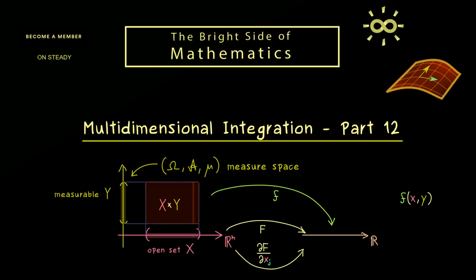Hence, the resulting integral here is the value capital F of x. So this is the whole relation, we just need an integral over lowercase f. And this is over the set y and with respect to our measure mu. And that's it, the variable y will vanish because we integrate over it.